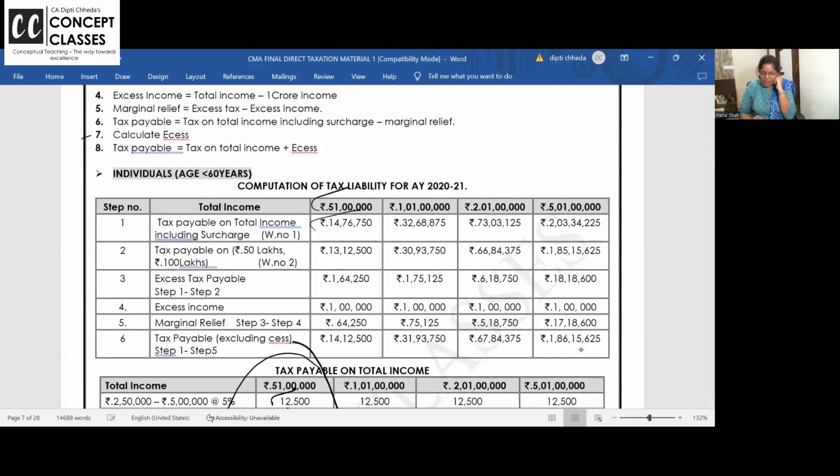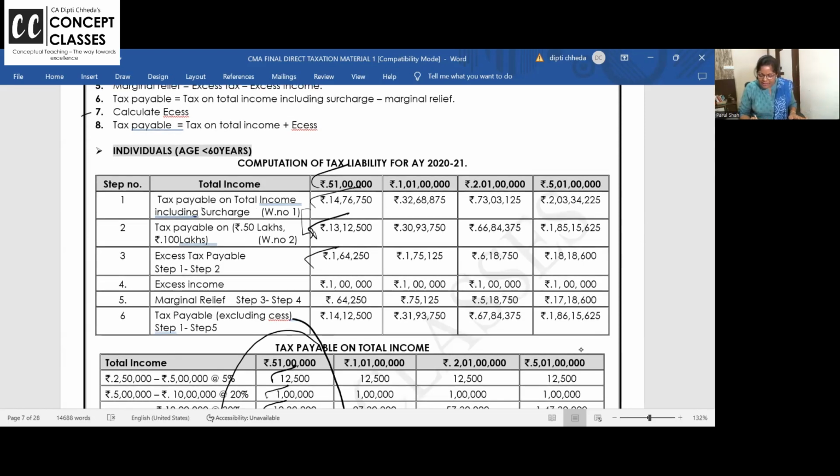Tax payable along with surcharge is 14,76,750 on 51 lakhs. But if my income was 50 lakhs, I would have paid 13,12,500. How much excess tax am I paying? 1 minus 2, 1,64,250. How much is the excess income?